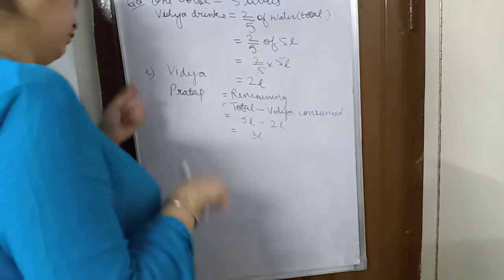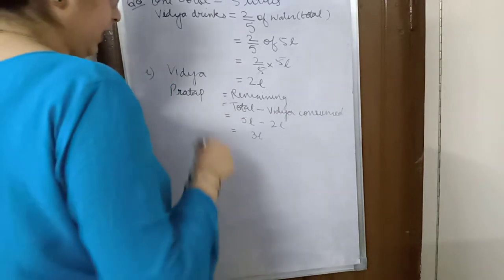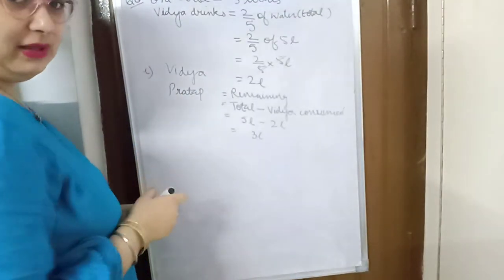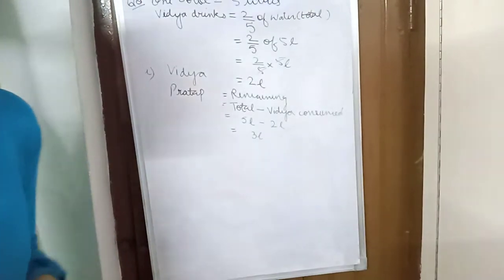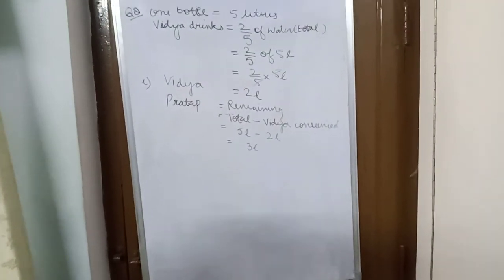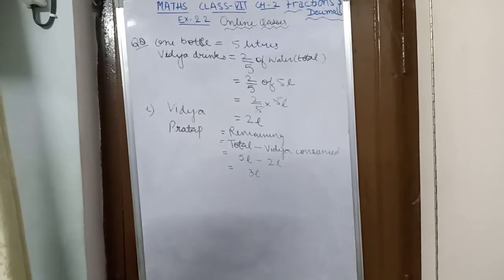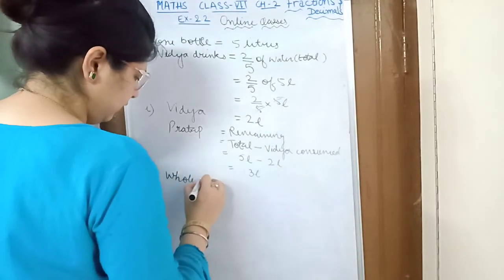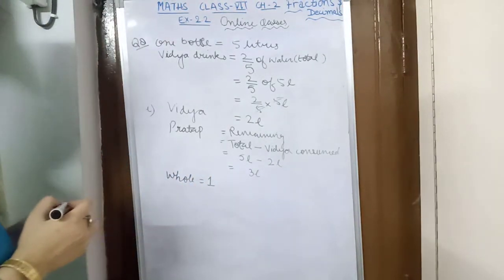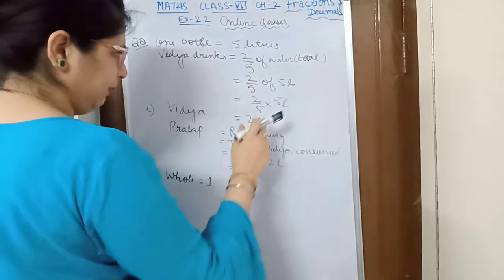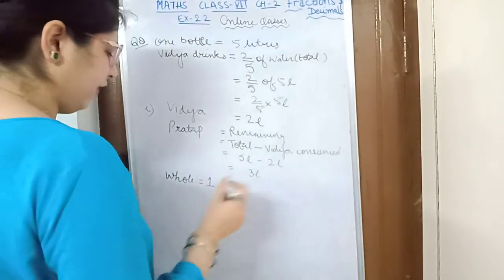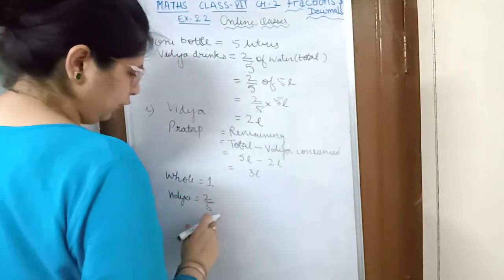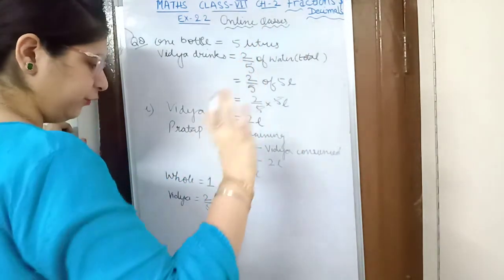Now if we need to find the fraction, then see, the definition of fraction is a part of whole. Whole means 1. So we have to subtract the fraction from 1. That means we have to subtract 2/5 from 1. Vidya consumed 2/5 out of total. Total means we will take the full fraction as 1.